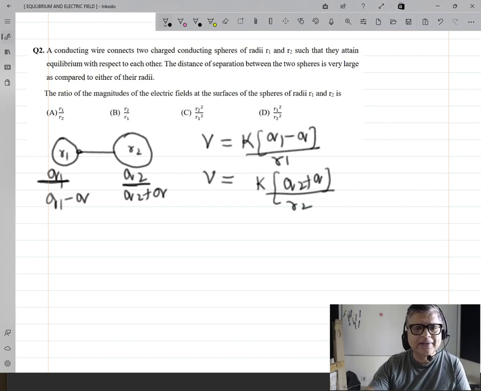So let's equate these two. K(Q1 minus Q) upon R1 is equal to K(Q2 plus Q) upon R2.